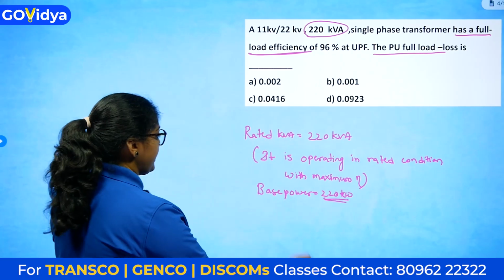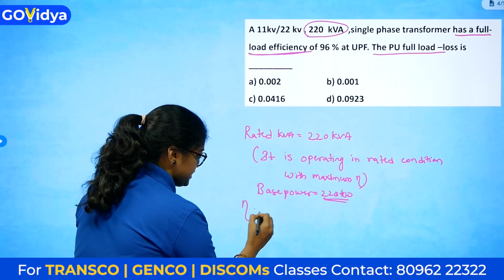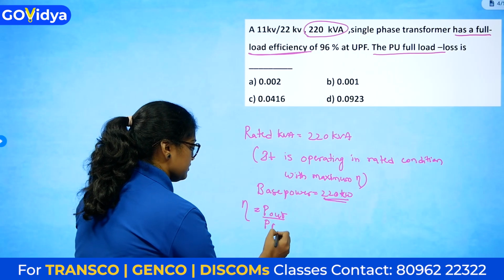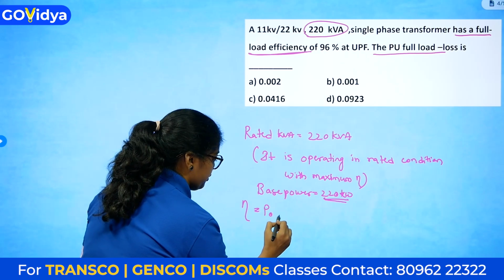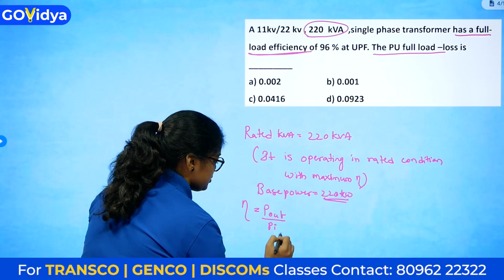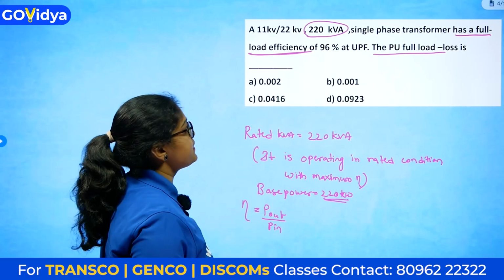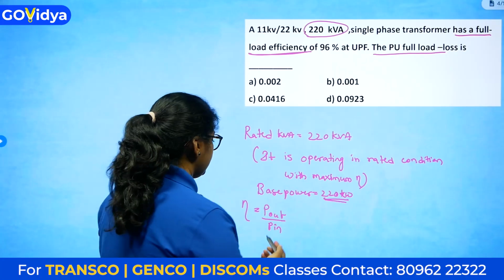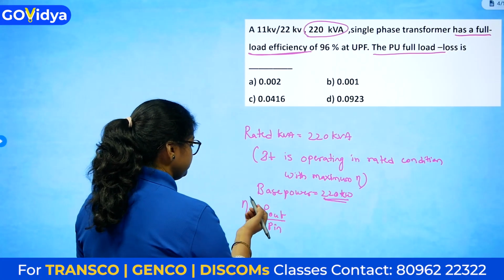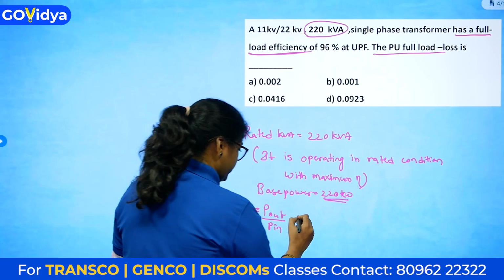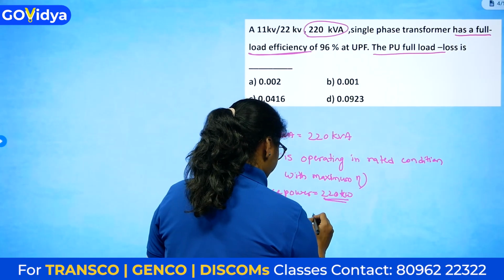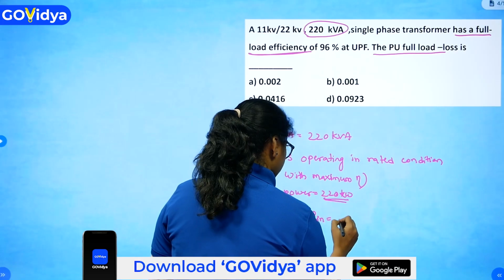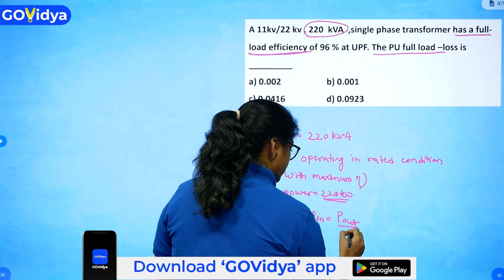Yes, we know the formula: efficiency is equal to P out by P in. In the question they have given the efficiency as 96%, and the P out is given as 220. So from this we will calculate the P input, which is P out by efficiency.